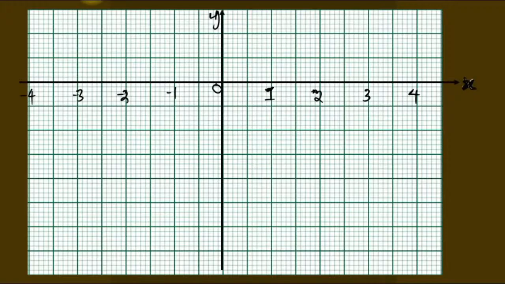For y, we are moving in 2s, so we have 2, then -2, -4, -6, -8, -10, and -12.